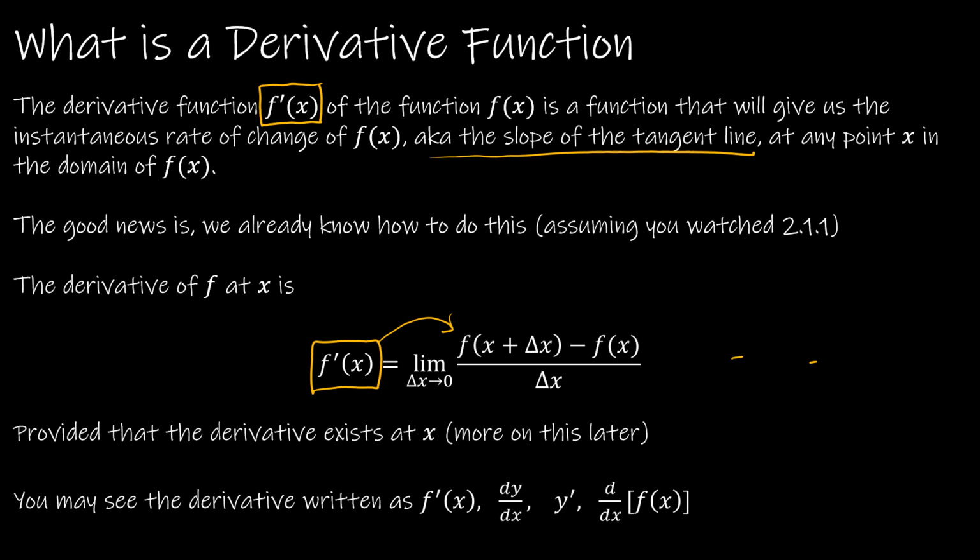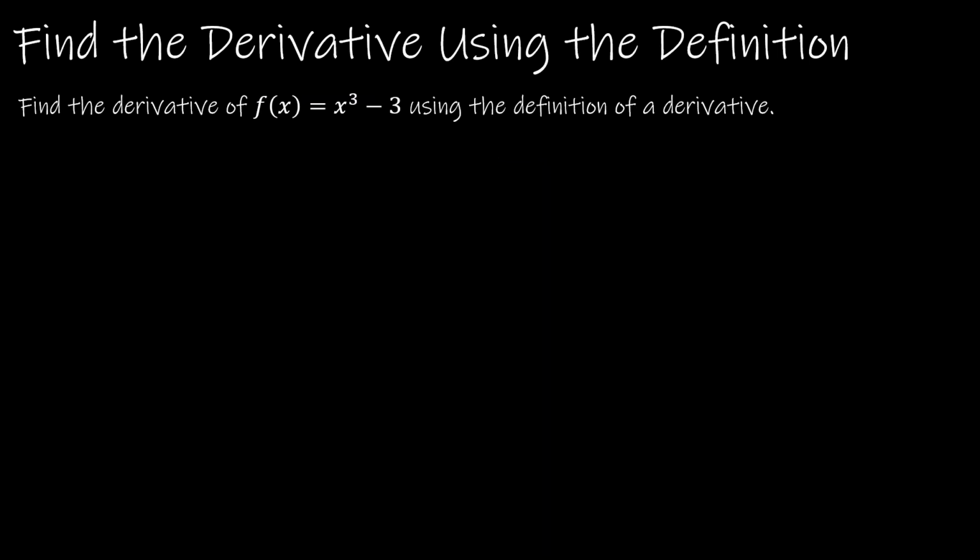Now, it's important to understand the different ways that you might see this written. So you're going to see me write it like this a lot of the time. You might also see it as dy over dx, so the derivative of y with respect to x. Again, y prime, which is just the derivative of y, or d over dx, so that's the derivative with respect to x of f of x. So if I asked you to find the derivative using the definition, it's essentially what we just did.